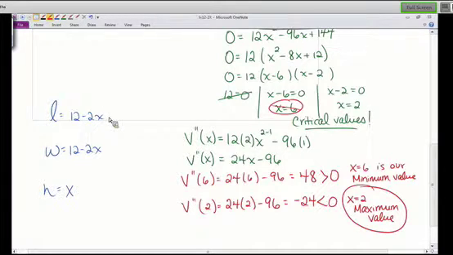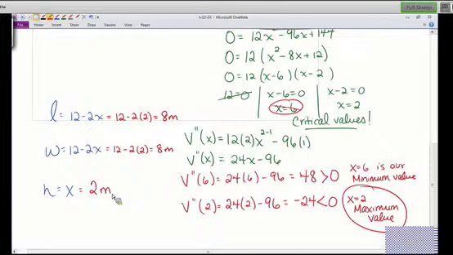So what we want to do is substitute 2 into our dimensions. So 12 minus 4 is going to give us 8 meters. Substituting 2 for the width, again, will give us 8 meters. And our height, which is just the variable x, is going to give us 2 meters. So these are our dimensions for part A of our box. Any questions on part A?